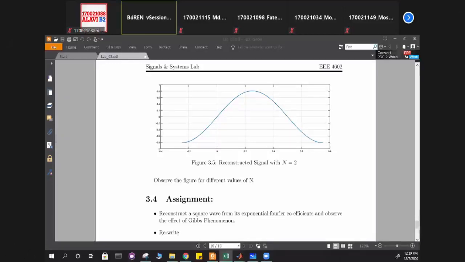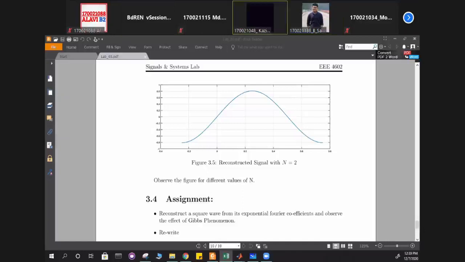Then 99 is absent. Then 179. Sir, 93. Sir, then 99, he's in his village, sir, so he has very low network coverage. But he missed other labs also.